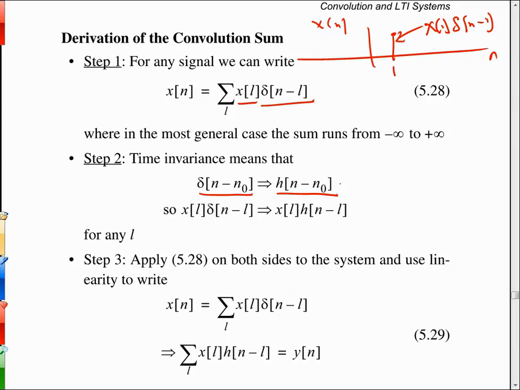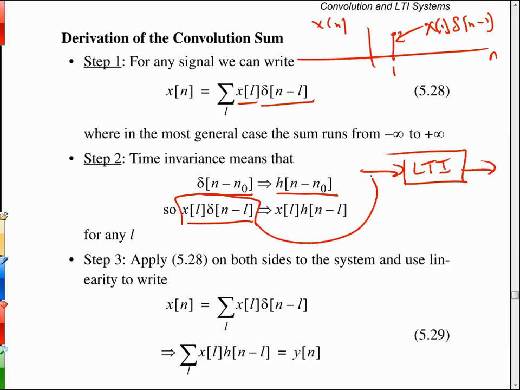So in the above expansion, x of L times delta of n minus L, upon going through our LTI system, if that's the input, then the output is going to be x of L times h of n minus L. In other words, we just put in one sample value of the input, namely the value, say, at n equal to 1, drive that through the system, and it produces the impulse response, because that's just like one delta going in.